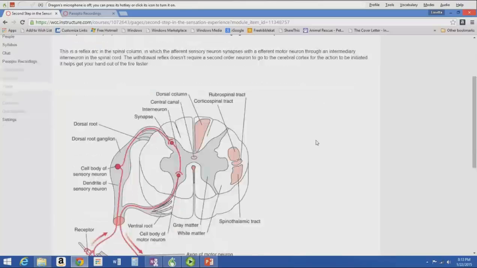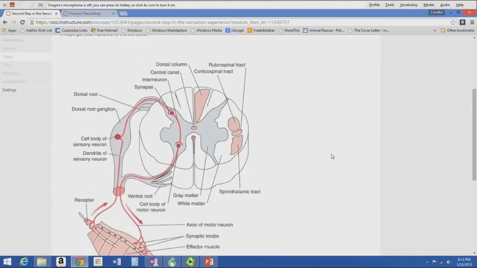So the withdrawal reflex doesn't require a second order neuron to go to the cerebral cortex, get the orders for the action to be initiated, which helps you get your hand out of the fire faster. When you stick your hand in the fire, it just gets processed in the spinal cord, and you can get it right out of there. So in this case, it's a 3-neuron pathway from sensory experience to motor action.